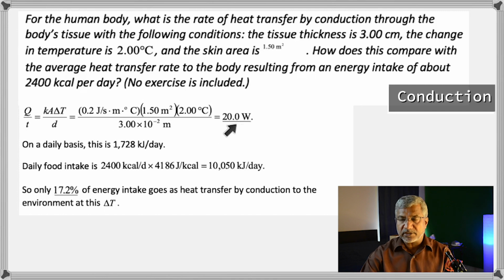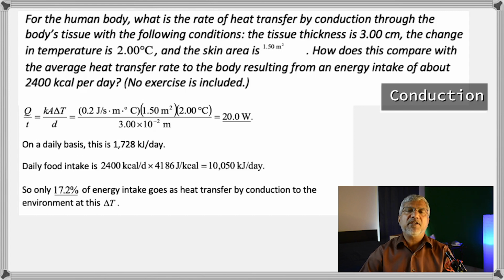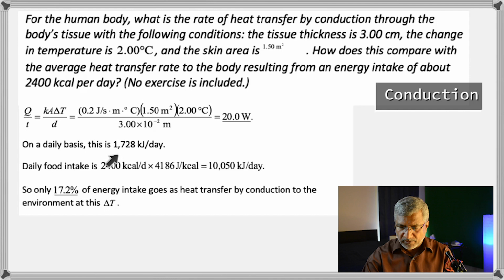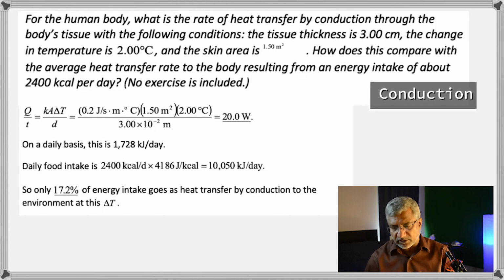You do that, you get 20 joules per second. On a daily basis, because that's per second, if you convert it by multiplying with how many seconds are there in a day, you are going to get 1,728 kilojoules per day. That's what you need.